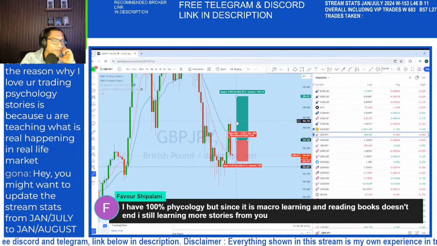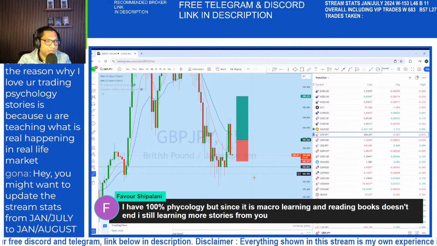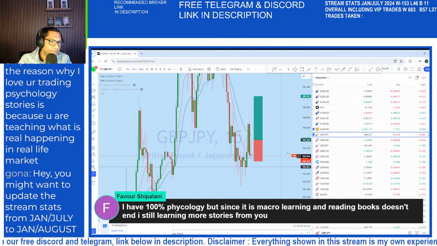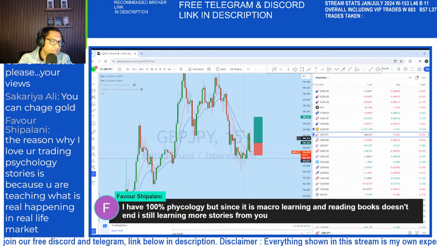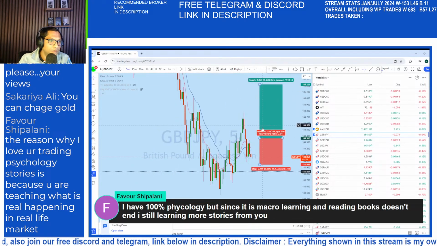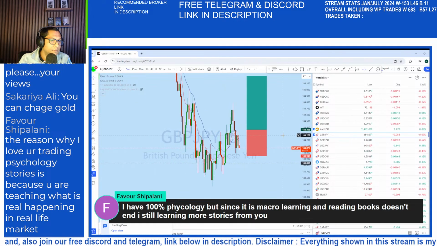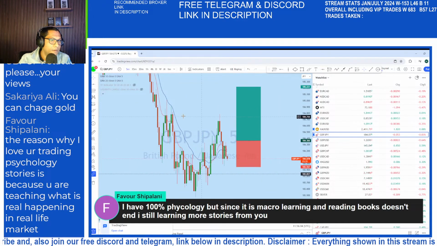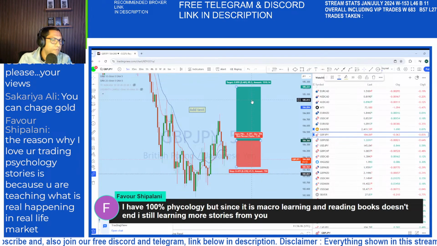So if it bounces back up, then we will be entering, otherwise we'll see where it is heading. It may easily continue to drop. So we place the buy stop.